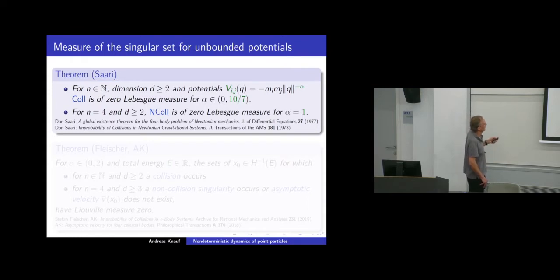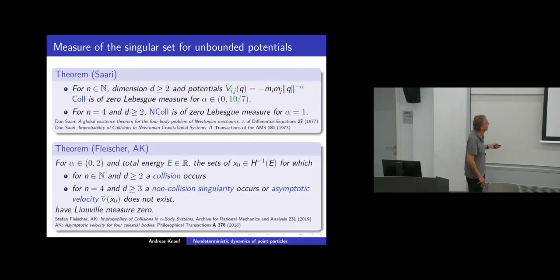The first non-trivial case is 4 particles, and then he also showed that this non-collision singularity is of 0 Lebesgue measure for the relevant case of celestial mechanics, and probably one can generalize parts of the results, but not quite, because he also uses this special form of the Keplerian singularity, which leads to backscattering.